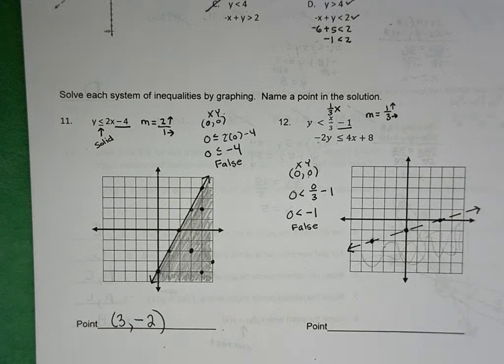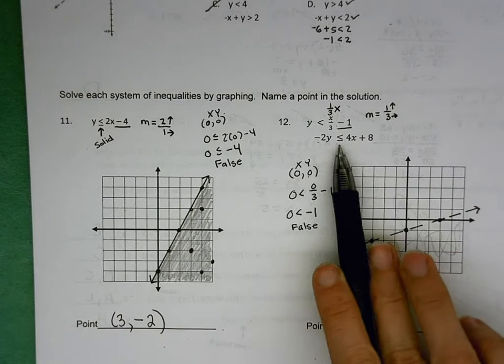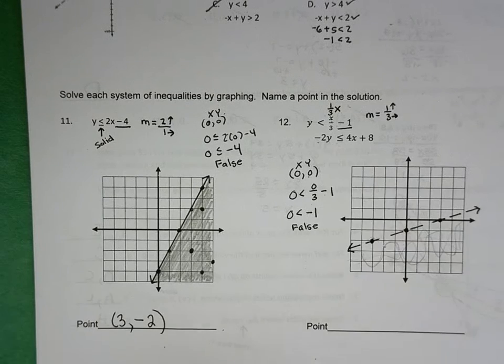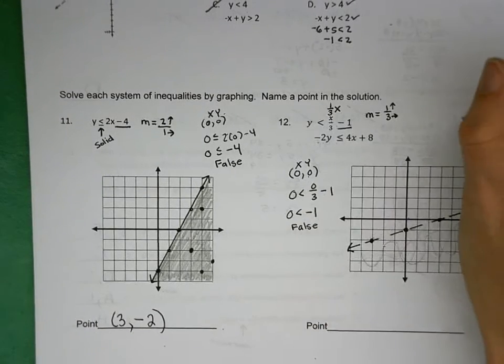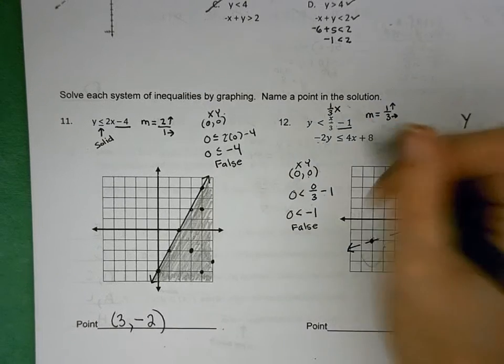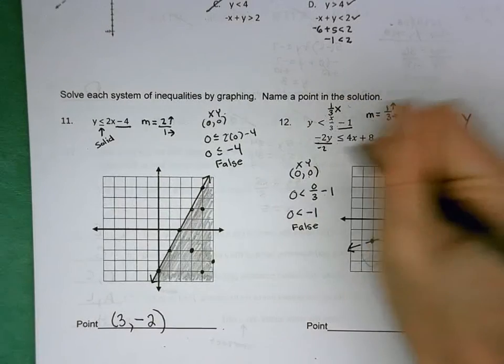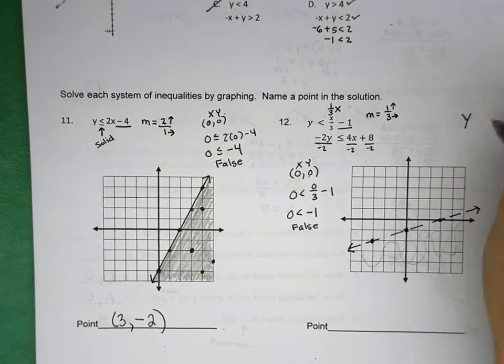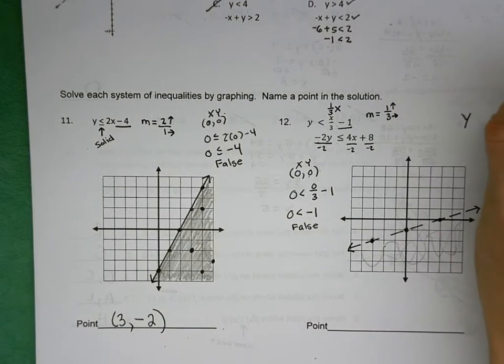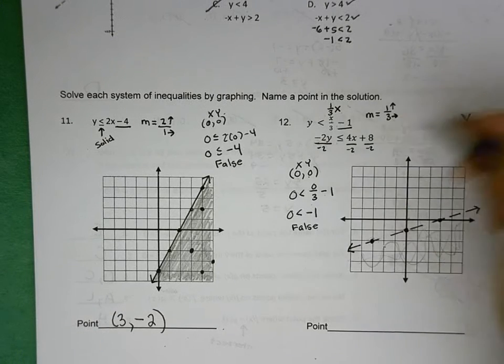Before we get into that, take note really quickly. Equals. It's going to be a solid line. So when I divide this -2 over to the other side, I'm going to get y, dividing that -2, dividing that -2, dividing that -2. 4 divided by -2 is -2x, and 8 divided by -2 is -4.